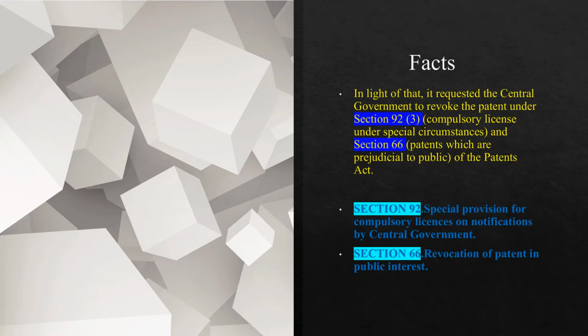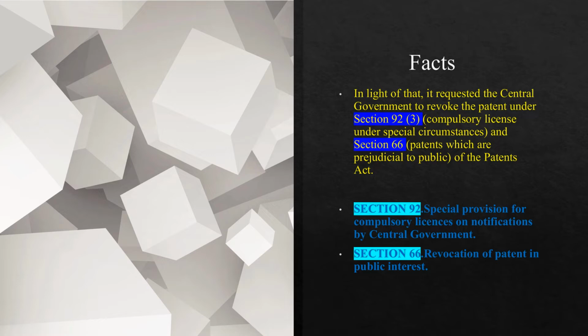We are continuing with the facts. In light of that, it requested the central government to revoke the patent under Section 92, subsection 3 and Section 66 of the Patents Act. Section 92, subsection 3 is about compulsory license under special circumstances, and Section 66 is about patents which are prejudicial to the public.